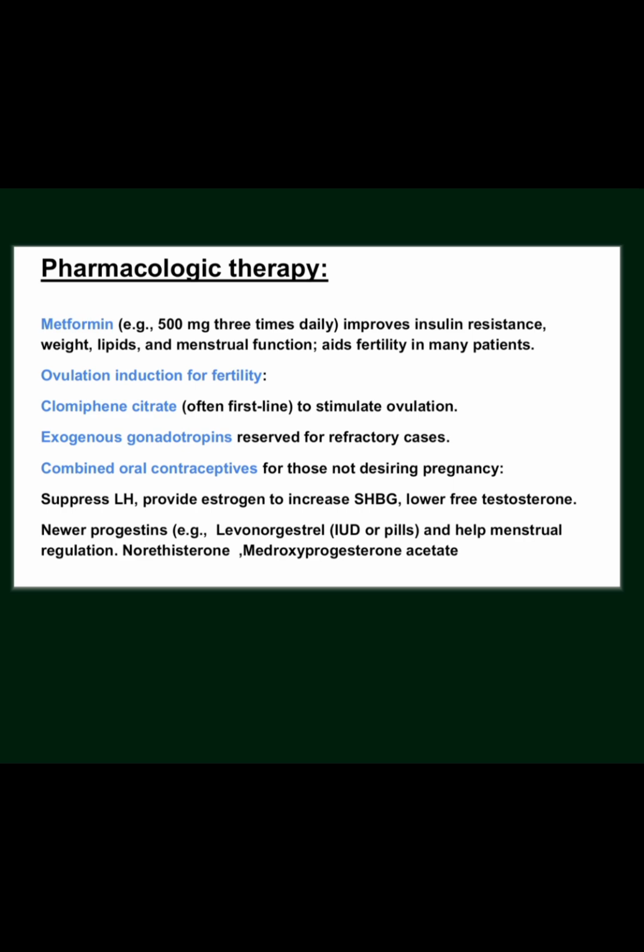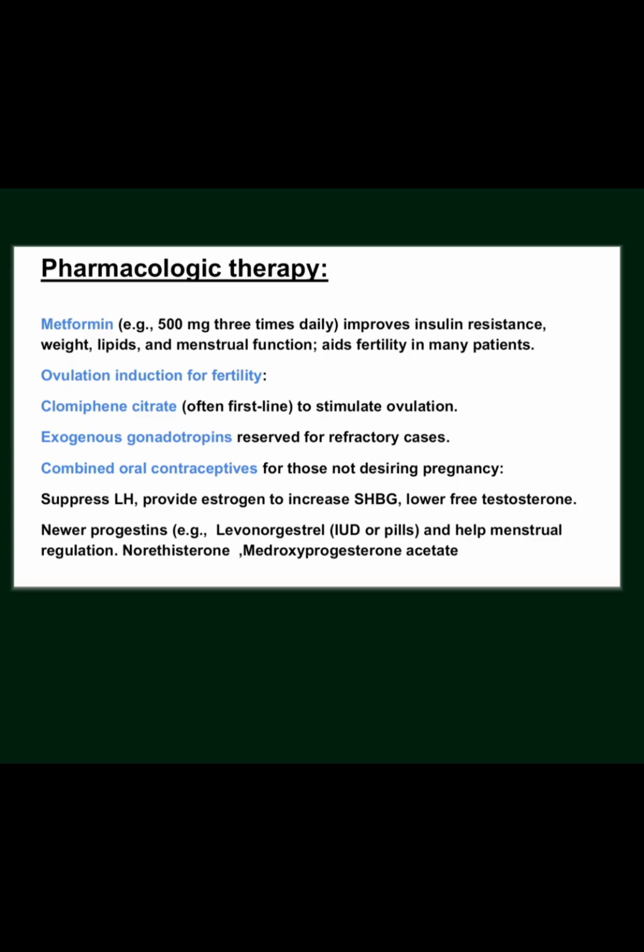So if these patients desire fertility, you can also induce fertility by using the first line, which is clomiphene citrate, to stimulate ovulation. If it's refractory or does not work as it's supposed to work, you can put them on exogenous gonadotrophins, okay, which are reserved only for refractory cases when things don't go as planned.